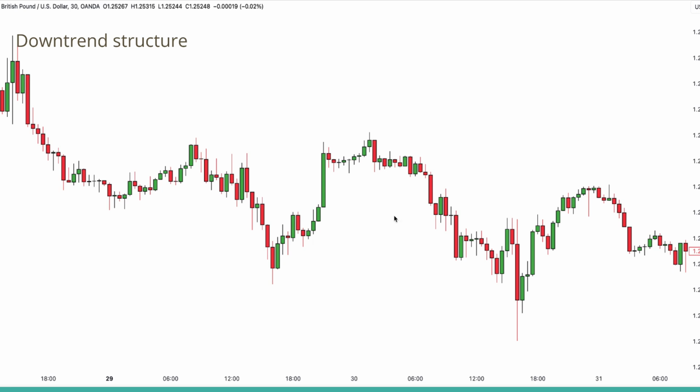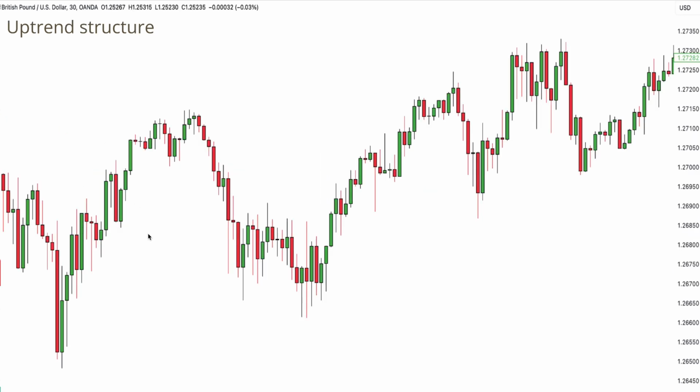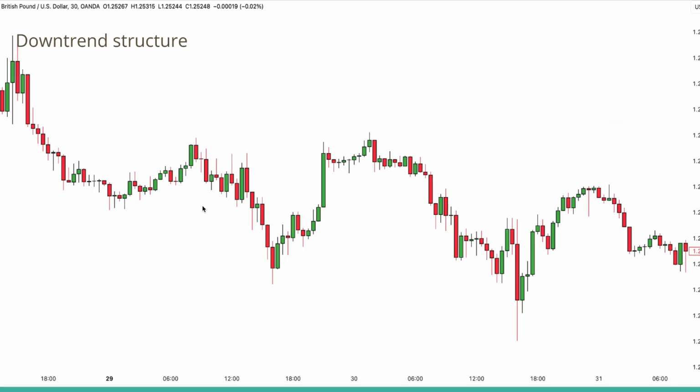And because there are more bearish candlesticks in this downtrend structure, we know that price is trending downtrend. And because price is trending downtrend, we want to do what? We want to sell. So in a downtrend market, we are looking for sells. Meanwhile, in an uptrend market here, we are looking to buy.